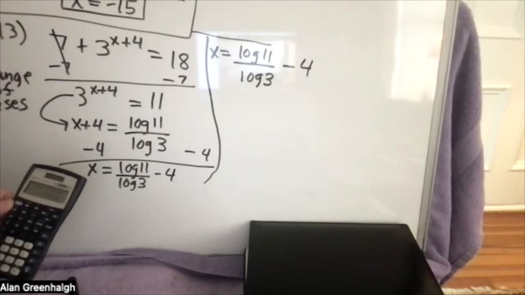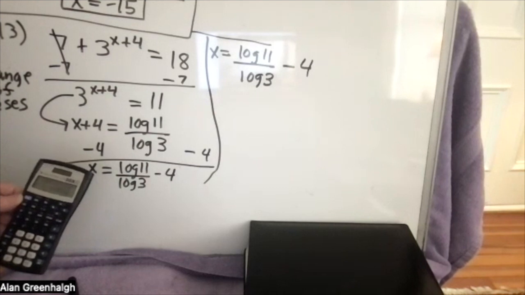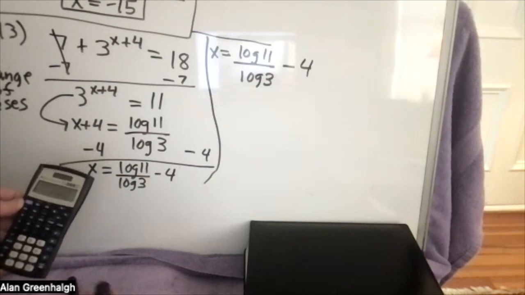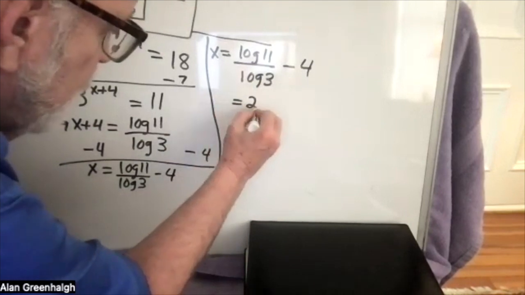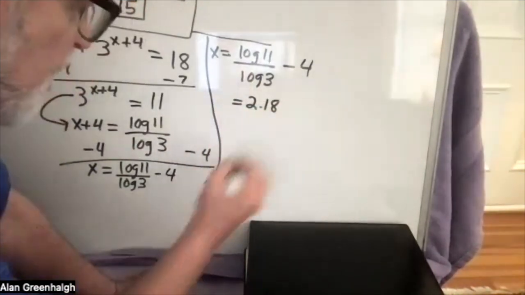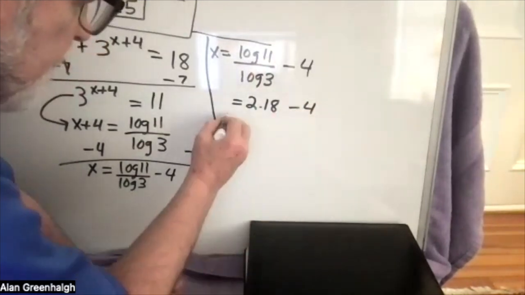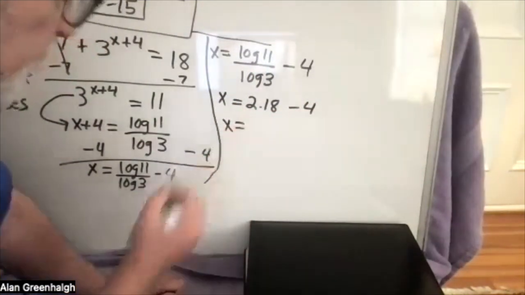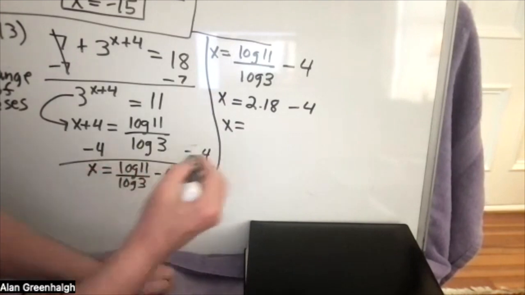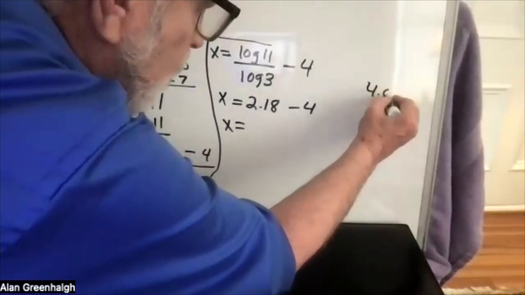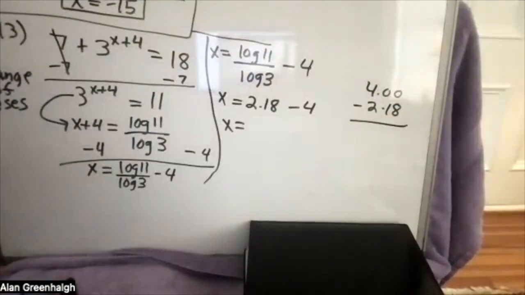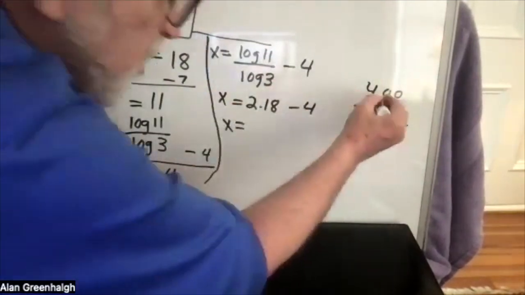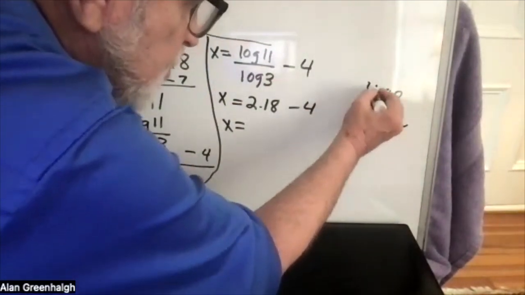Actually, 2.18266. Round it off to the nearest hundredth. It's 2.18. So this becomes 2.18 minus 4. And you work this out by subtracting 4 minus 2.18. This is how you do it. You do a regular subtraction problem.